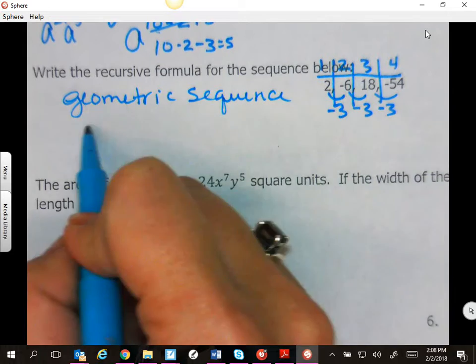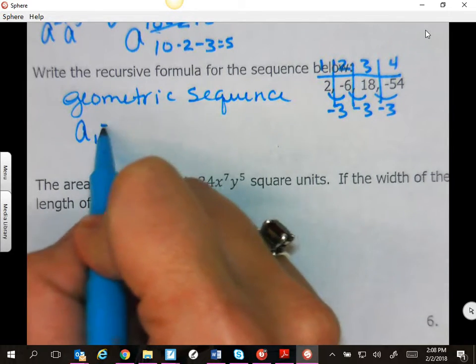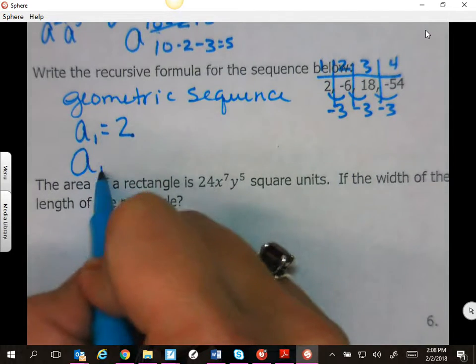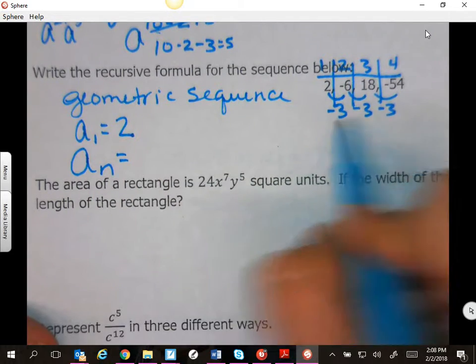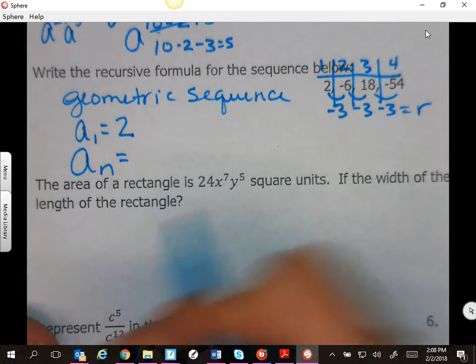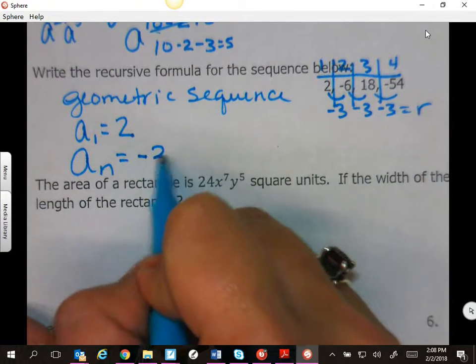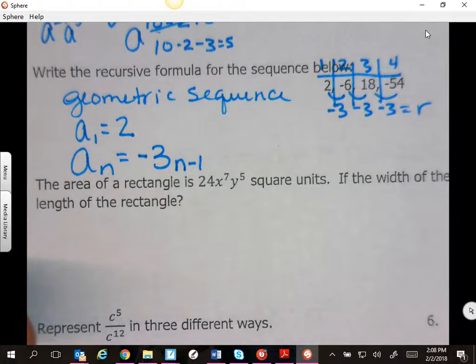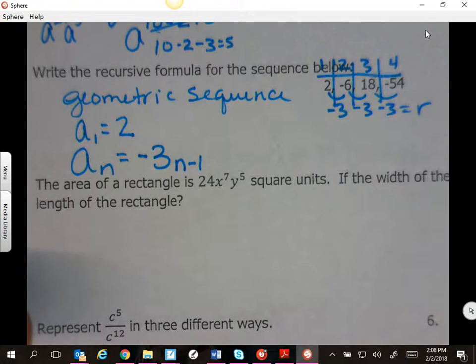So we need a sub 1, which happens to be 2. And then we write our recursive a sub n, our r, this is our r value, our common ratio, negative 3 to the n minus 1. You could then take that and write an explicit if you needed to.